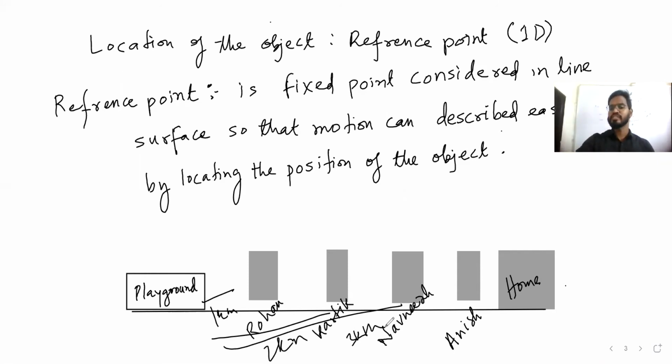And from home, we can say Rohan is 1, 2, 3, 4, 4 kilometer to the left side. So that is what defines the reference position.